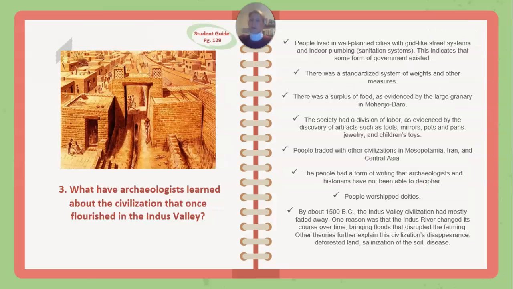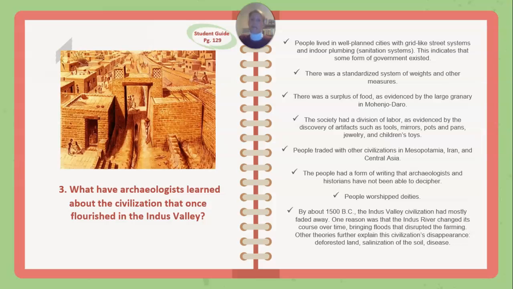Question number 3. What have archaeologists learned about the civilization that once flourished in the Indus Valley? People lived in well-planned cities, again, like grid-like street systems and indoor plumbing sanitation systems. This indicated that they had some form of government. There was a standardized system of weights and other measures. There was a surplus of food, as evident by the large granary in Mohenjo-Daro.